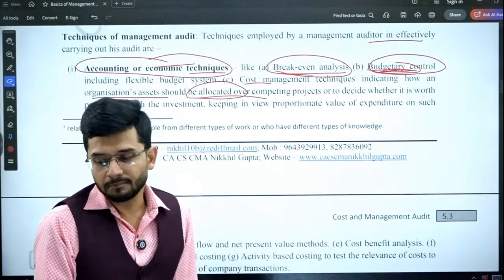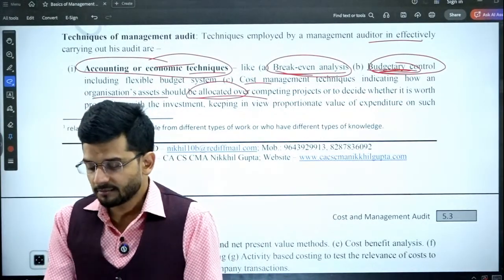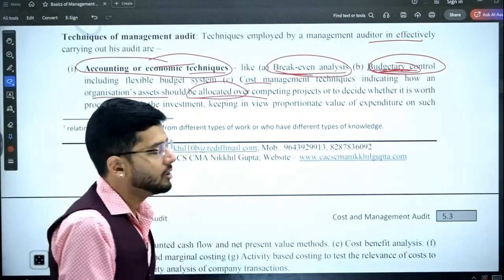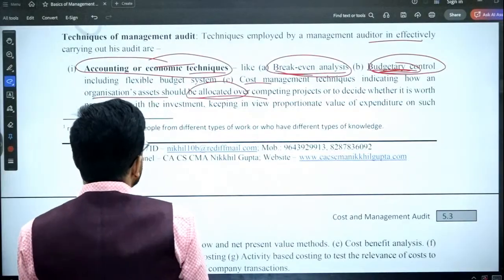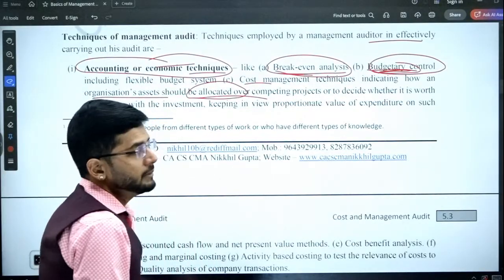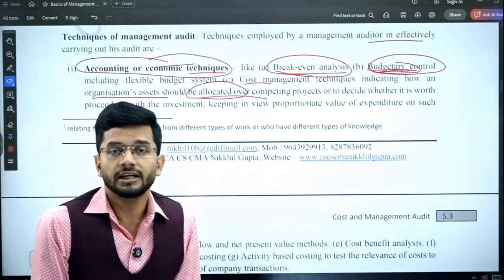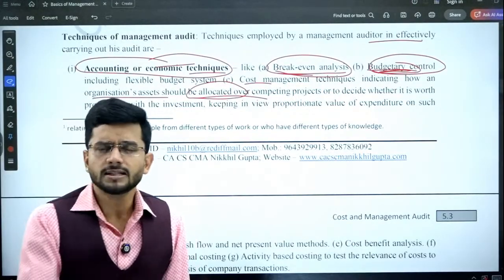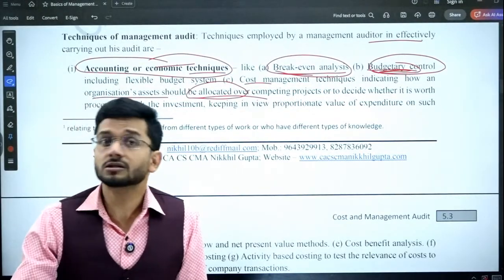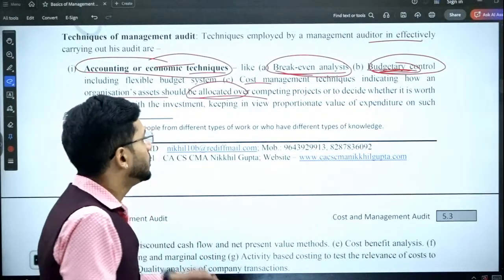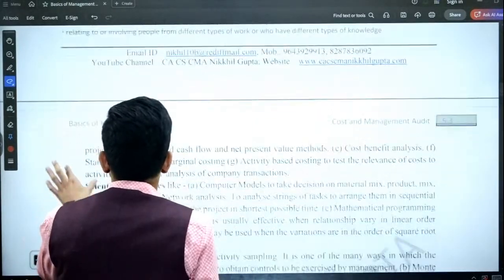Again, things like make versus buy decisions, or decisions like how to plan your production process, how the production process should be devoid of wastage, how wastage can be minimized, how the inefficiencies can be reduced. All these techniques which you have already studied in your cost accounting can be used to appraise the performance of the management.